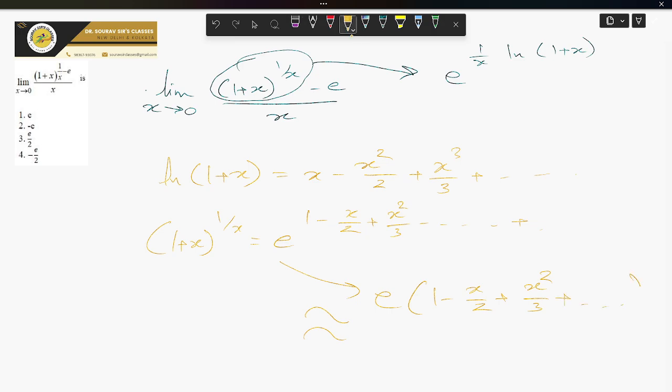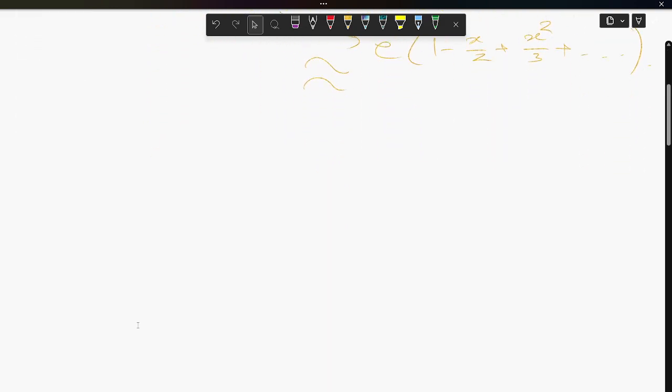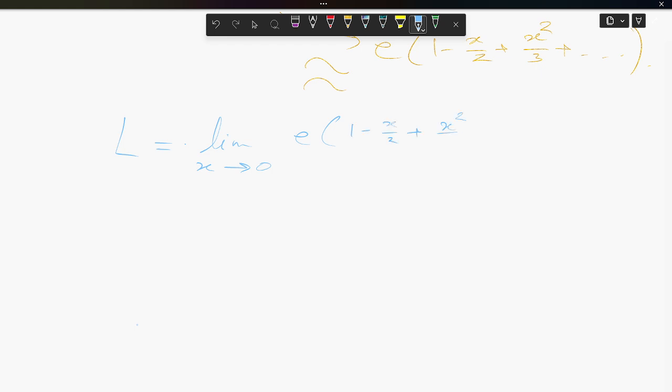Okay, so now we are going to substitute it into the limit. So let us see what happens. Our limit L is equal to limit x tends to 0, e into (1 minus x upon 2 and so on), minus e, upon x.